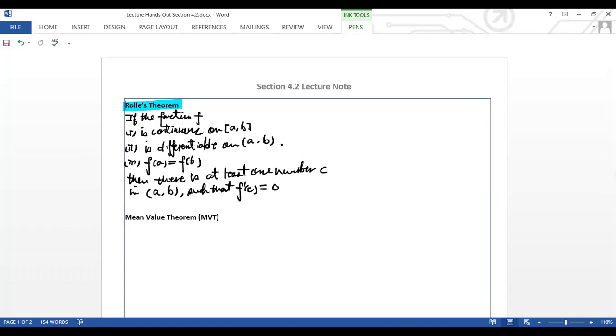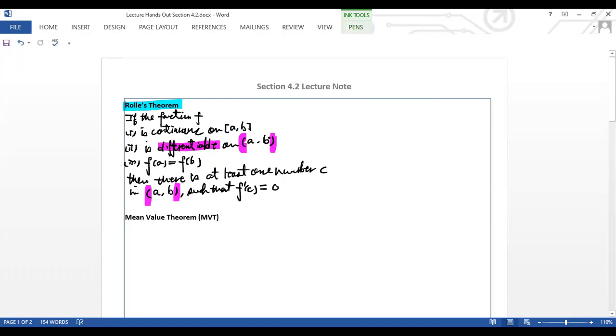A few things, let's be careful. It's differentiable on the open interval, and Rolle's Theorem tells you there is at least one c in this open interval such that f prime of c equals 0.